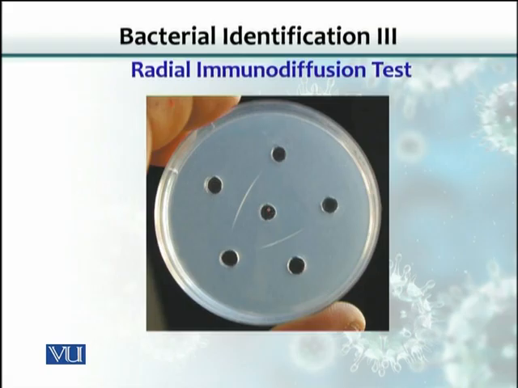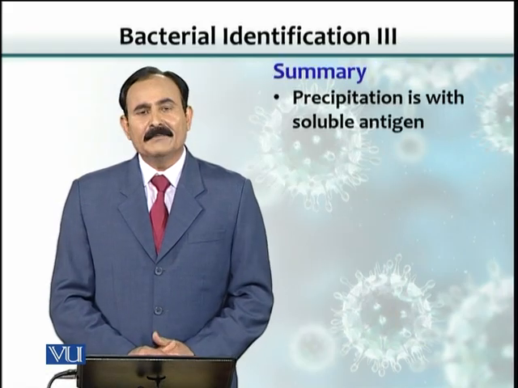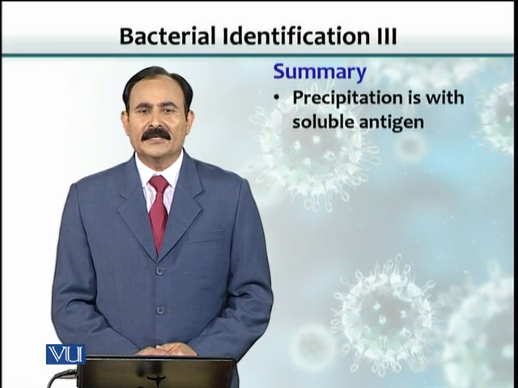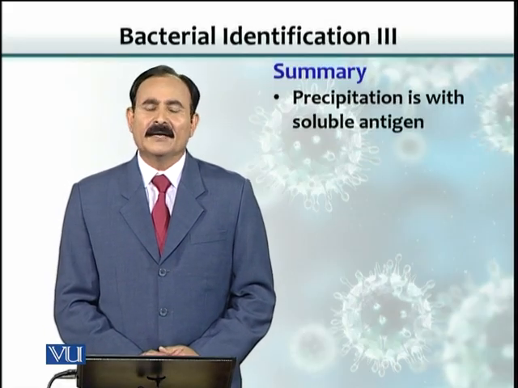So we can recognize that, let's say this antibody was against E. coli, and this sample, we don't know whether this was E. coli or some other bacterium, but because this visible line shows that there is a specific interaction going on, we can tell that this sample contained E. coli. So the visible line here and the visible line there is a positive interaction or positive precipitation line. In summary, as you saw, the precipitation test could also be used for microbial identification.